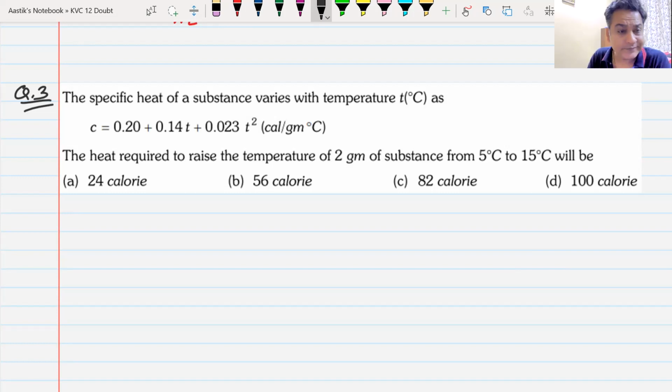Shall I solve it for you? Sir, wait for 1 minute. I shall wait for 1 minute. I told you, I could have changed the values of this question.